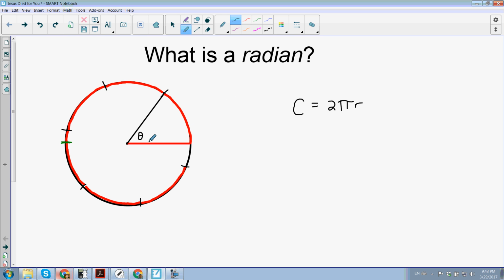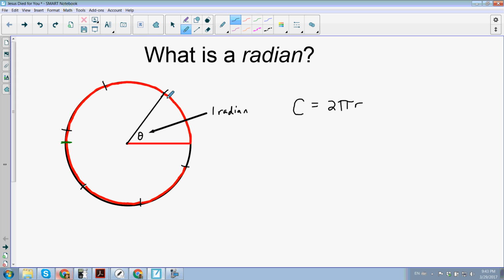Well, this angle theta is exactly 1 radian. It's the angle that intercepts one radius length on the circle. A central angle that intercepts one radius length on the circle.